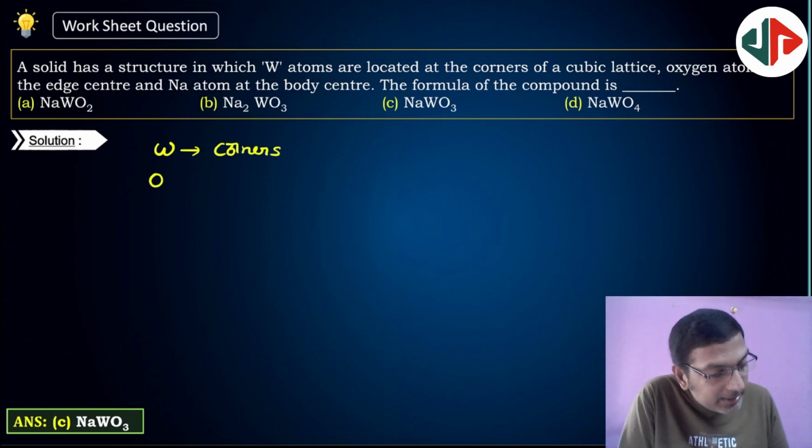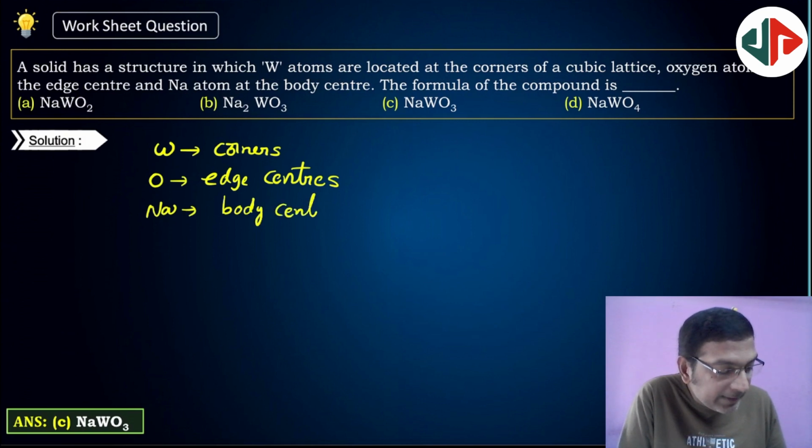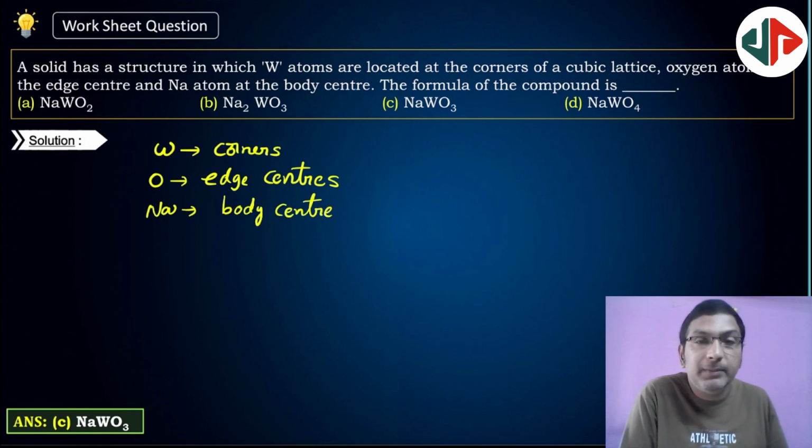Next, oxygen atoms at edge centers. Next, sodium atom at body center. So from this we have to find formula of given structure.